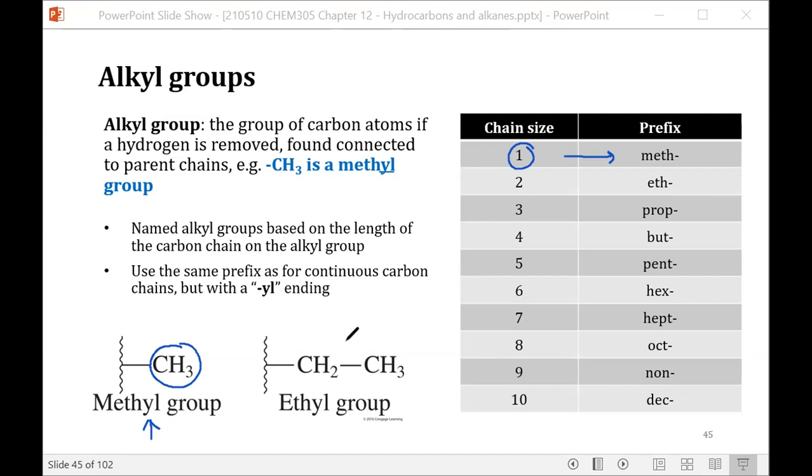If your alkyl group contains 2 carbons, 1, 2, then eth is the prefix. And because it's an alkyl group, it's sticking off the parent chain, it gets that YL ending. So we call this an ethyl group. So alkyl groups are named based on the length of the carbon chain. And we use the same prefix as for continuous chains, but we add that YL ending to show that it's a branch off of the longest continuous chain.